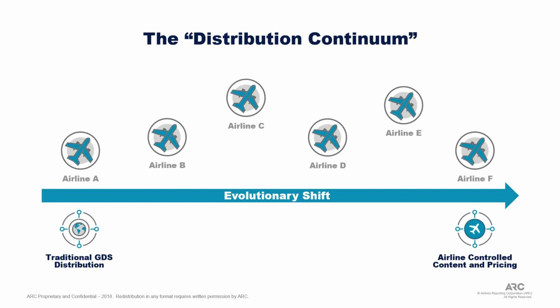And the traditional GDS distribution we spoke about. Then you have airlines on the far right of the continuum, which are really looking to push a large volume of their indirect or agency sales channel transactions through the NDC mechanism within the next several years. And then you have this variety of airlines in between that are looking at a variety of hybrid approaches.